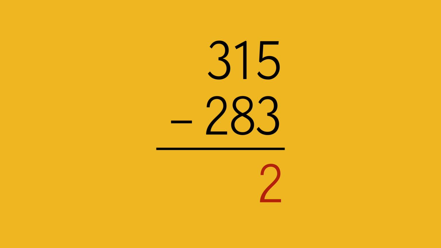Now we do the tens. How many tens do we really have? 31 tens. How many tens do we want to subtract? 28 tens. What is 31 subtract 28? It's 3. 3 tens. There is no need to regroup, and there's certainly no need for any more steps. It is as simple as that.